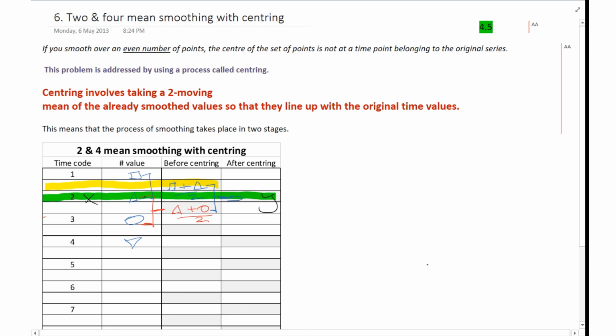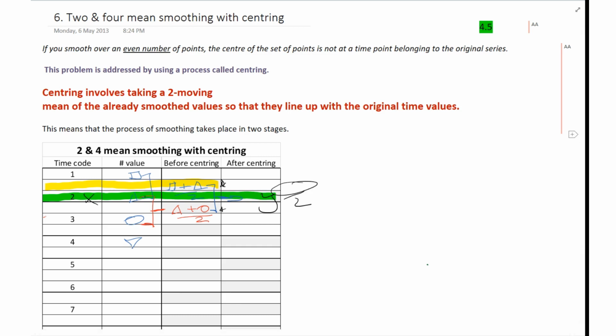Now, I'm going to use some numbers very shortly. I just want to show you without getting caught up in calculating something. But whatever values I get from here and from here, I will then have to divide by 2, because then I'm getting the mean from those two.